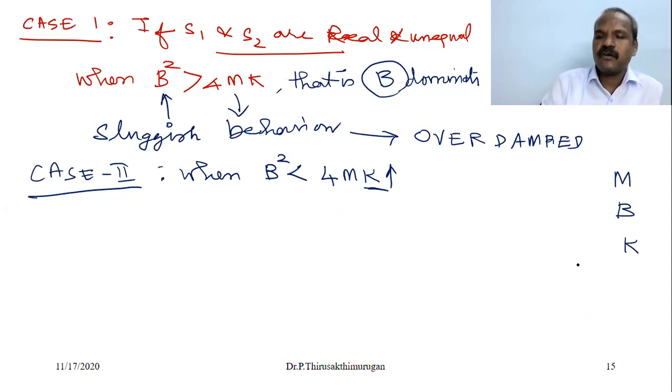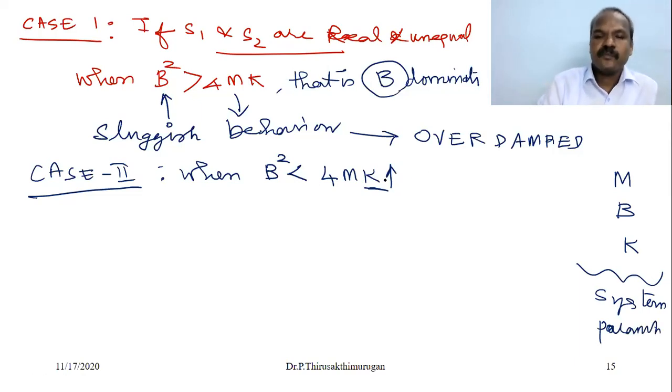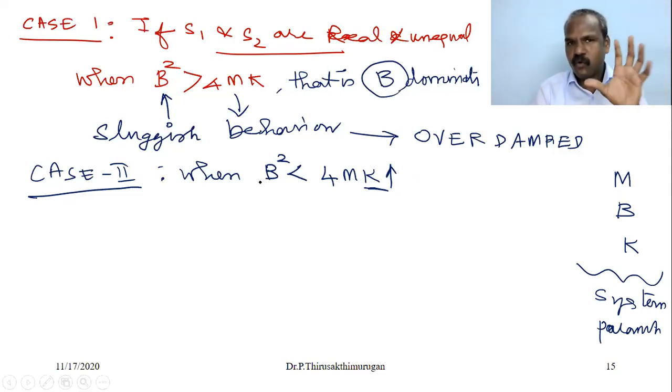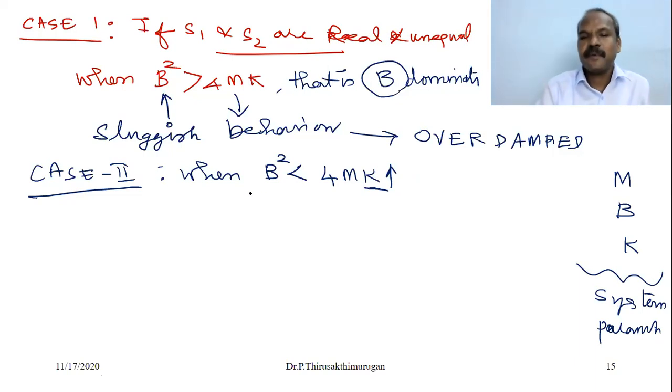All three are called system parameters. Being m constant, the dynamic action of the robot or system depends on friction, the damping coefficient, and the stiffness.